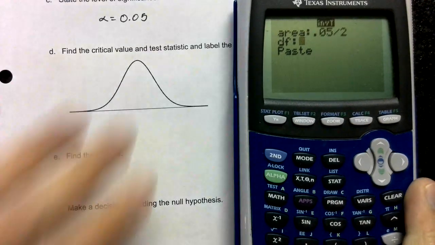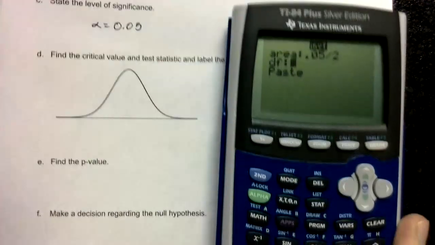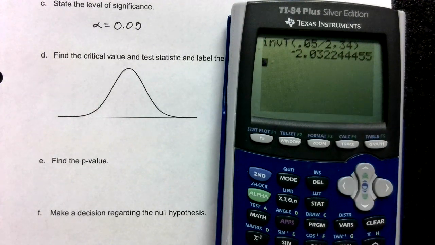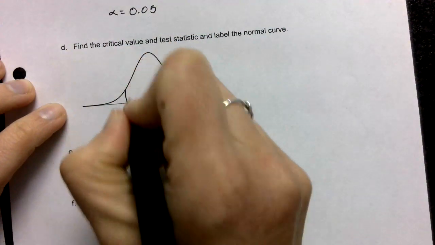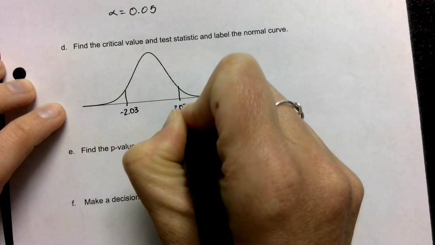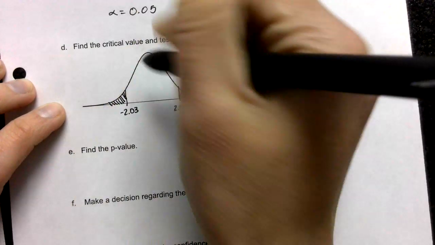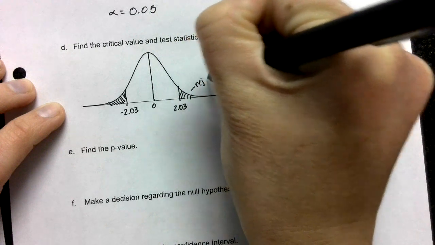Remember, degrees of freedom is your sample size minus 1, so I have degrees of freedom of 34. I have a T critical of 2.03, and because it is a two-tail test, we have negative 2.03 and positive 2.03. So two separate regions on our normal curve are considered our reject regions.